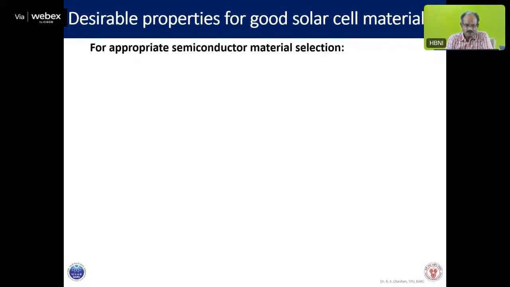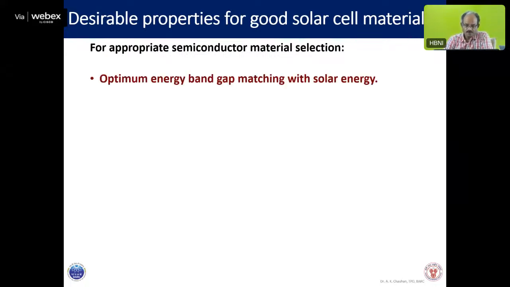So what are the desirable properties for a good solar cell material? For appropriate semiconducting material selection, the optimum energy band gap should match the solar energy. Ideally, we should absorb the maximum, as I have already said.